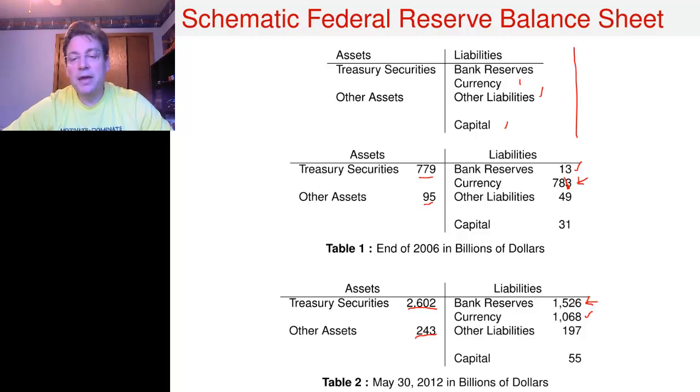So you can see that bank reserves are now on the order of 100 times what they were at the end of 2006. And the Fed's balance sheet is roughly 3 times the size that it was at the end of 2006. And this was all as a consequence of the financial crisis.